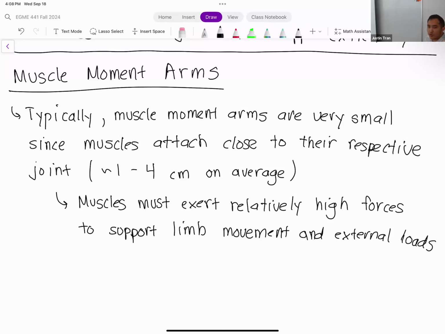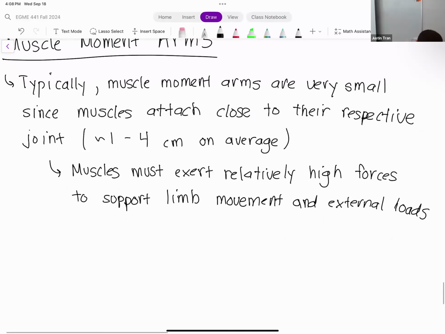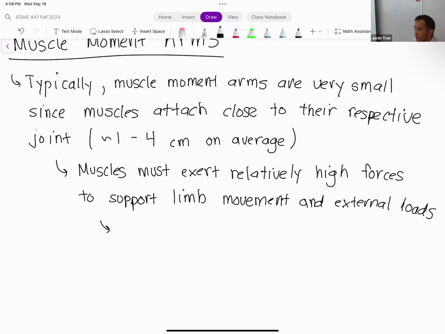The fact that muscles have to exert these high forces does come with a few consequences, right? Namely that the more force that a muscle exerts, the more energy that it requires.